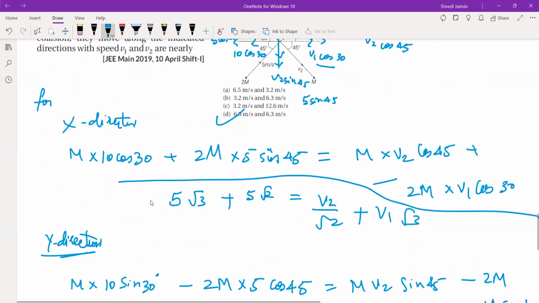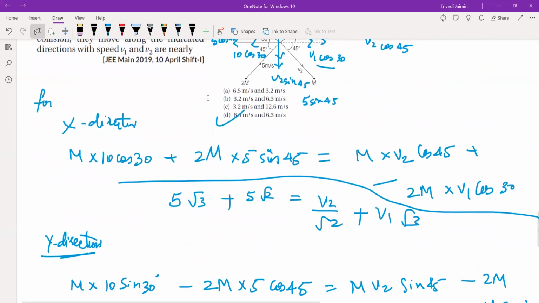Any doubt in this one? Only Vishwanath gave an answer. What about others? Are you able to understand this question, or shall I explain this again? Yes or no?